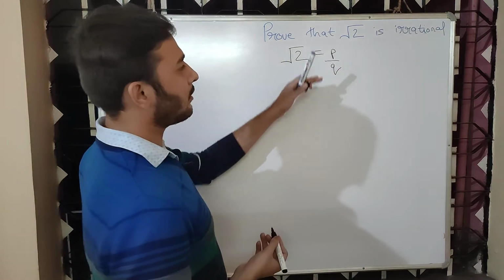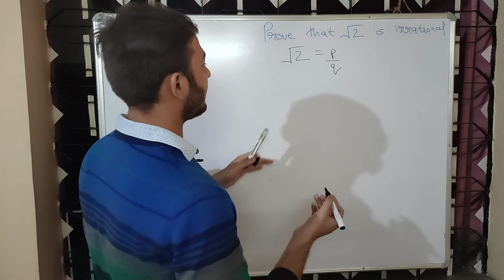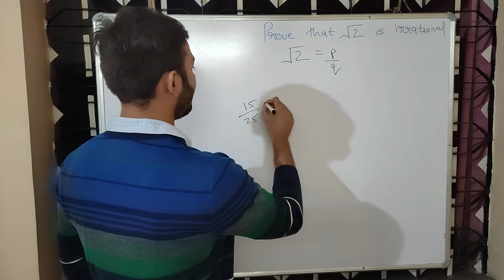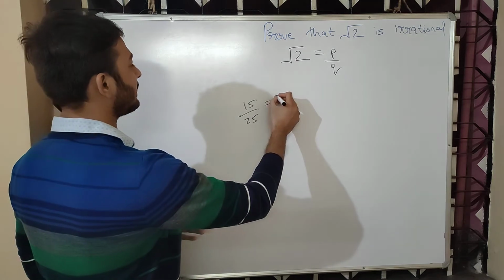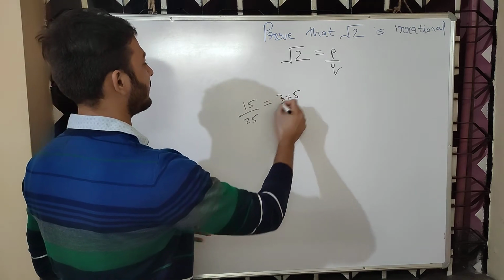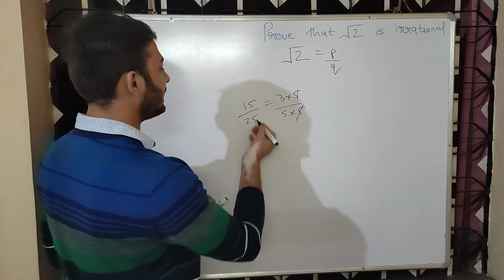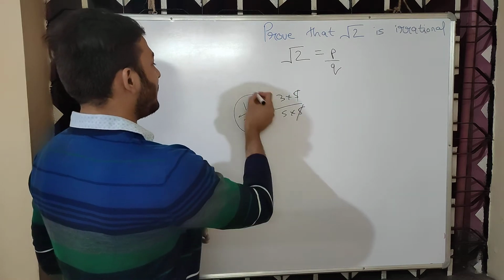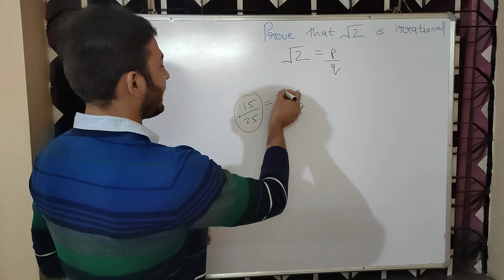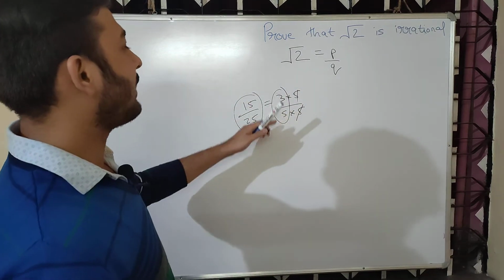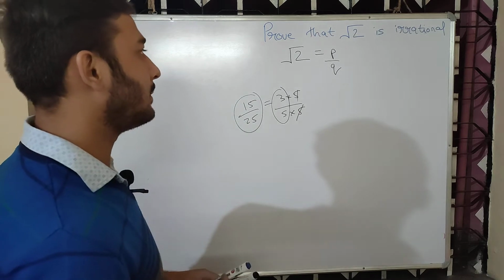Now if p and q have some common factors, like say 15 and 25: 15 can be written as 3 into 5, 25 as 5 into 5, and the 5 cancels. So 15 by 25 can be written as 3 by 5 in simplest form, where 3 and 5 are both prime numbers.